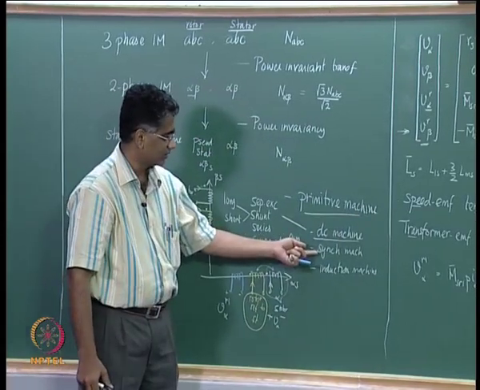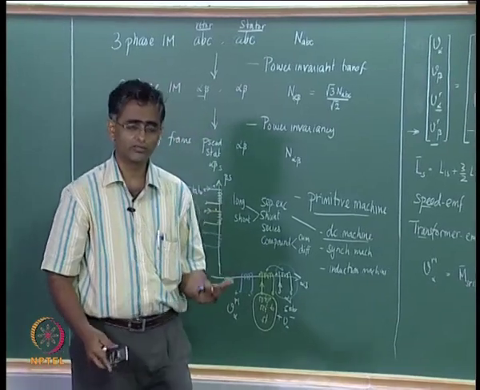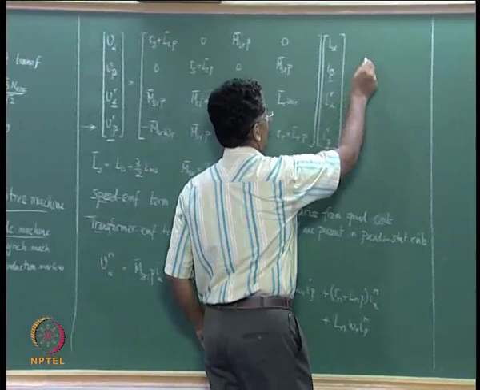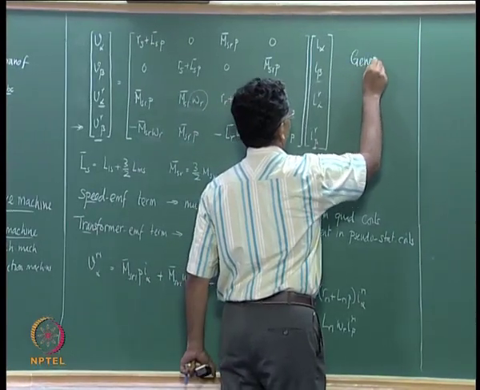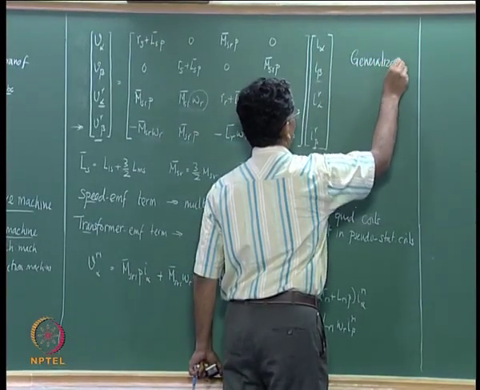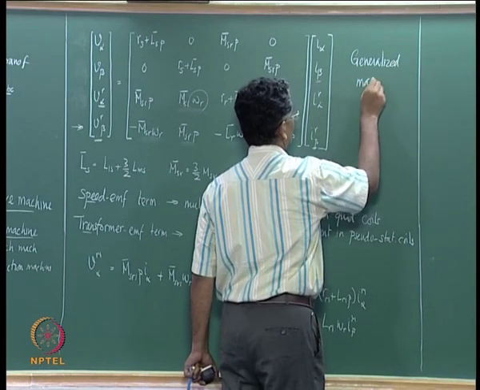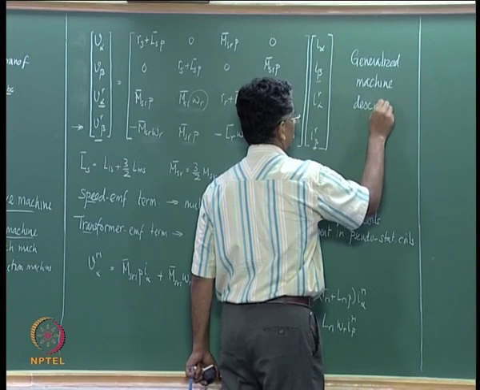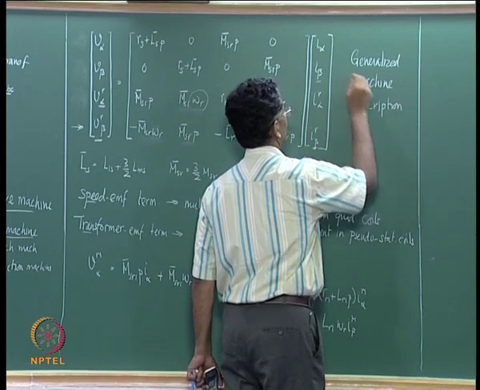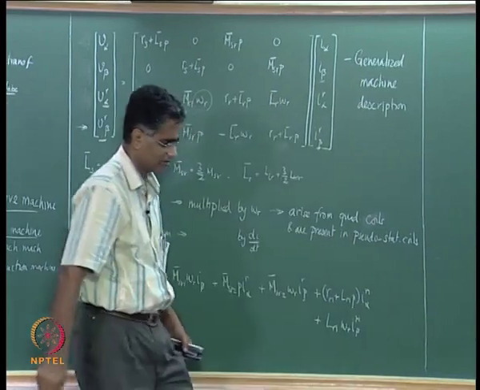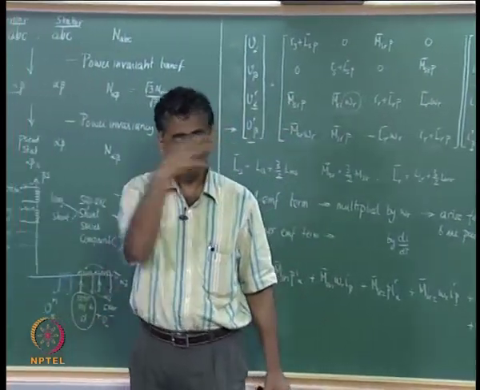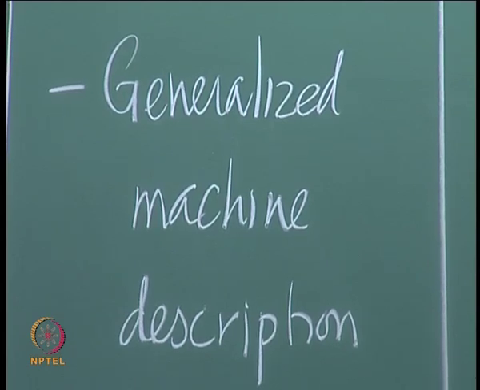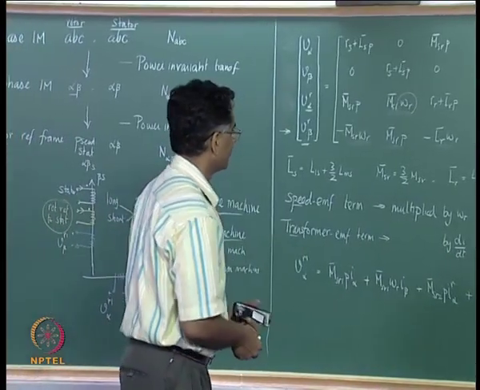Because this can also describe a synchronous machine or an induction machine, one can then say that this forms a generalized machine description. It is a generalized machine description from which one can, by specific constraints imposed on the variables, arrive at various forms of electrical machines.